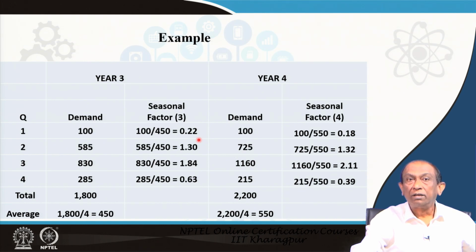That means, for quarter 1, we will take the seasonal factor for year 1, add the seasonal factor for quarter 1 for year 2, then add the seasonal factor for quarter 1 for year 3, that is 0.22, plus say 0.18 computed for year 4, and then divide by 4 to get the average value.